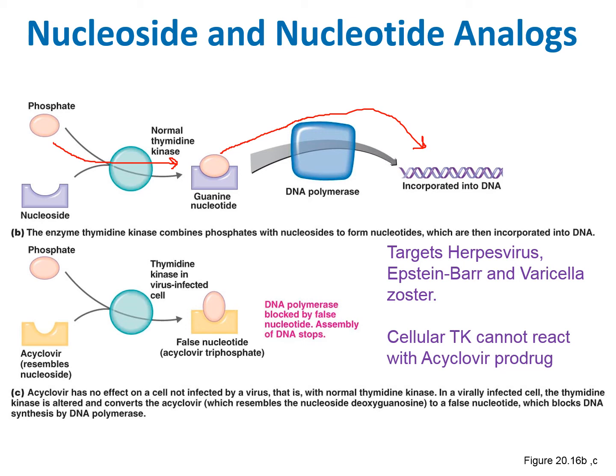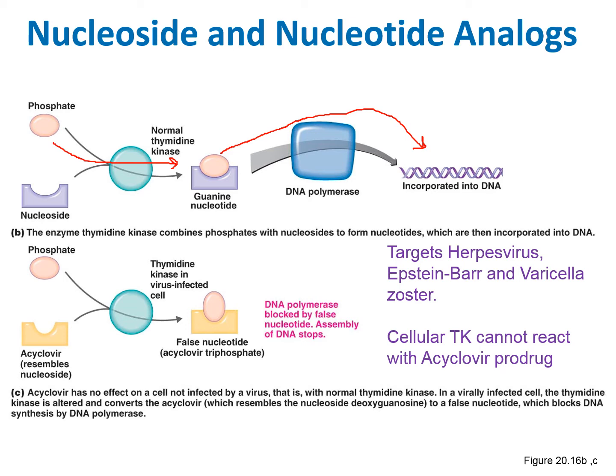Now, in cells that are infected with viruses like herpes virus or Epstein-Barr virus or varicella zoster, in addition to normal cellular thymidine kinase and DNA polymerase, the virus will actually make the cell produce a viral thymidine kinase and a viral DNA polymerase.